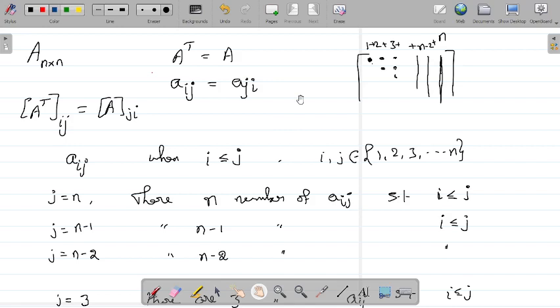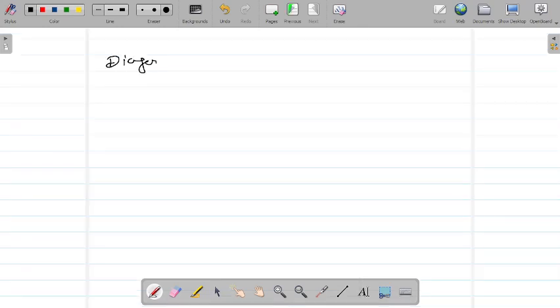And another way, like you can count the diagonal entries. There are n diagonal entries, and if you want to know the non-diagonal entries, you can count it this way, right? Let me tell you. The diagonal entries of A are n, when you take an n by n matrix.